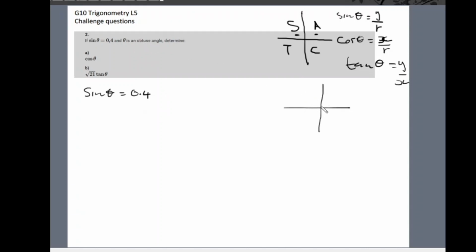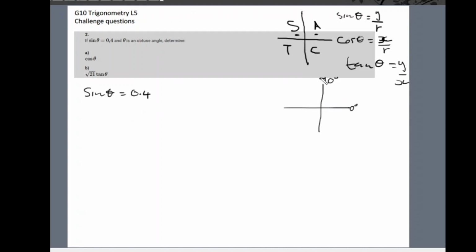An obtuse angle is that angle which is greater than 90. So because ku first quadrant theta will be between 0 degrees and 90 degrees, and all the ratios are positive there, and then they tell us ukuthi sin theta is equals to 0.4, which is positive, but then basitshela ukuthi theta is an obtuse angle.